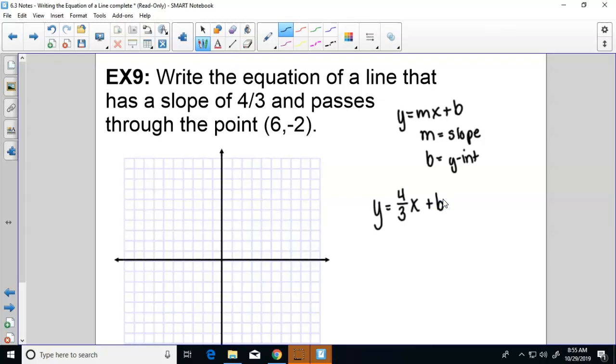The y-intercept is not -2, because the point (6, -2) is right here. That is not the y-intercept, so we would not use the 6 or the -2 as our y-intercept.